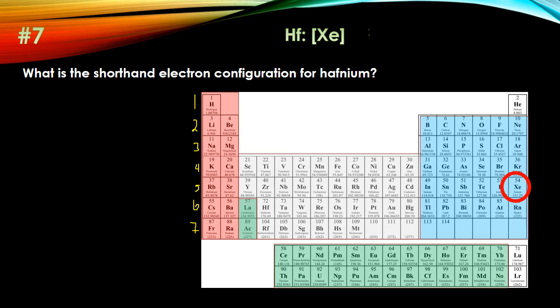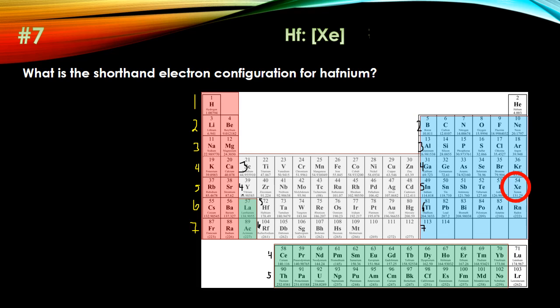And we know that the p block starts with the second energy level, so let's do those: 2, 3, 4, 5, 6, and 7. The d block starts with the third: 3, 4, 5, 6, and the f block starts with 4, 4, and 5.